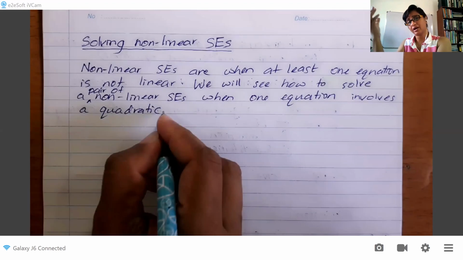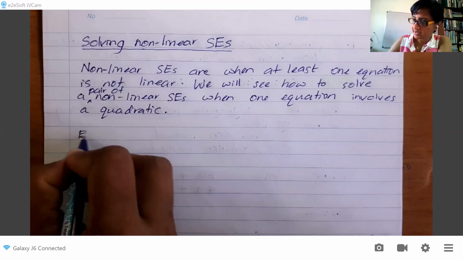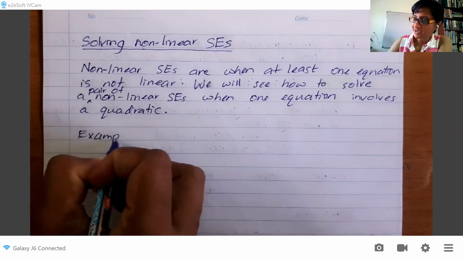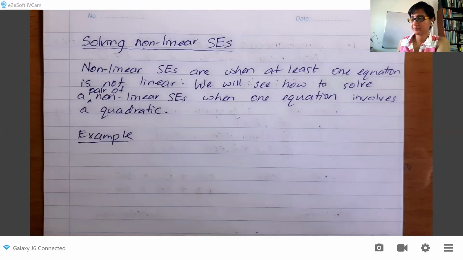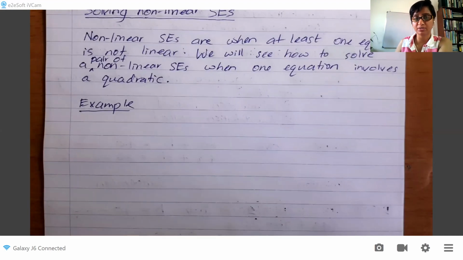That means a square of one of your unknowns. Okay? Let's jump into an example. I mean, the method we are going to use here, you will see. I will ask you which method might be more suitable.